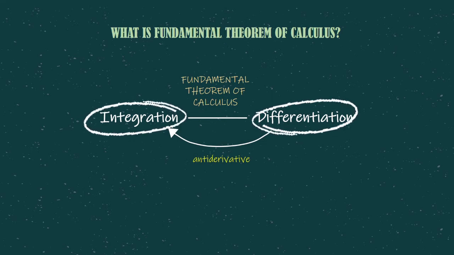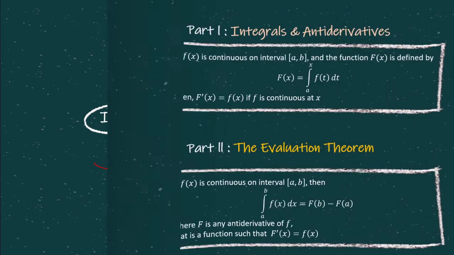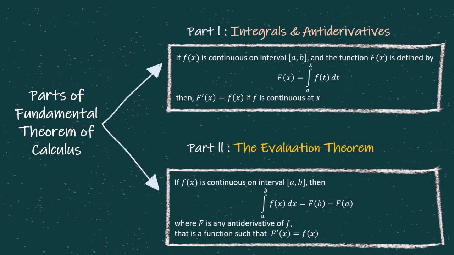under a curve. So this theorem has been founded and exploited by two mathematicians, which is Leibniz and Newton, during the late 16th and early 17th century. There are two parts in fundamental theorem of calculus.